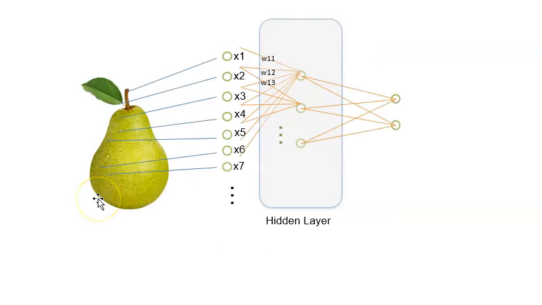Let's still use the pear as an example. This picture comes with many characteristics: the colors, the shapes, the size, the dots on this picture. All of these things are inputs and will become x1, x2, x3, and xn.